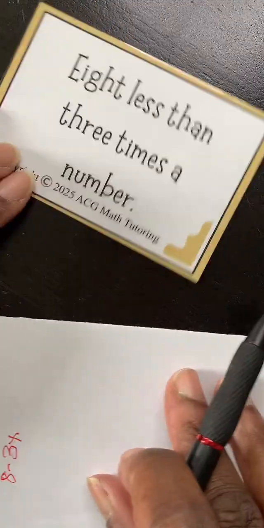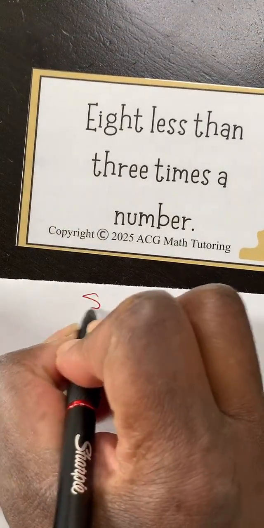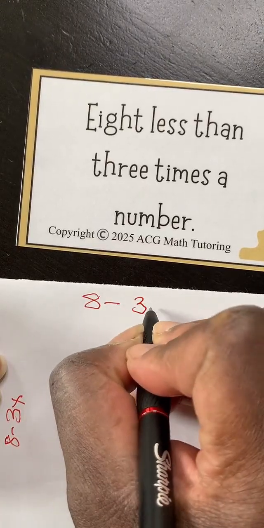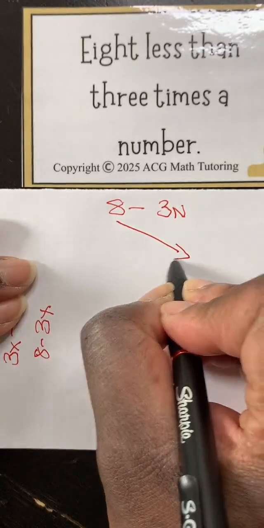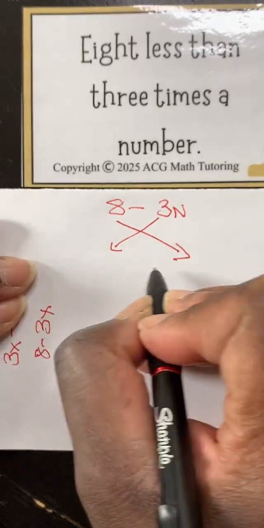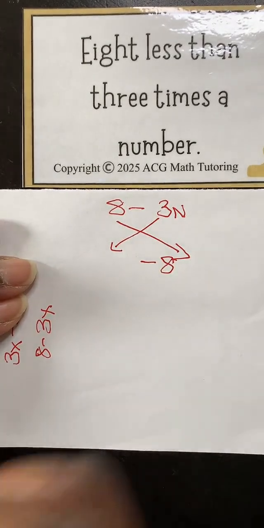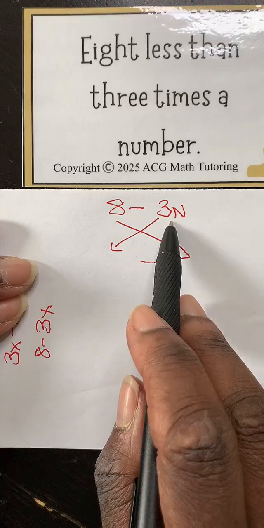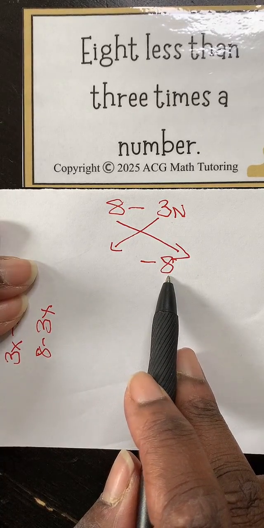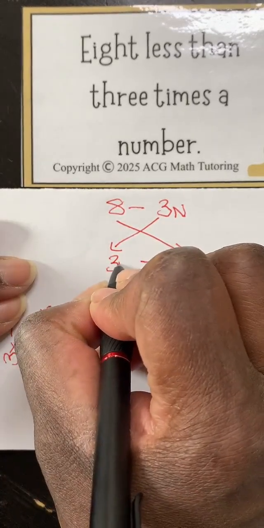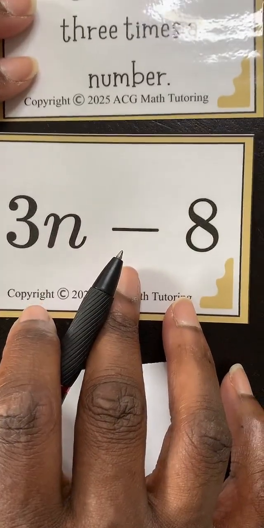So if you have your 8, your minus, your 3 times that number, this is switching to the back. You're still doing your subtraction, but the 8 is being less than, not the 3n. The 8 is carrying the less than, the minus. Okay, so your answer is such.